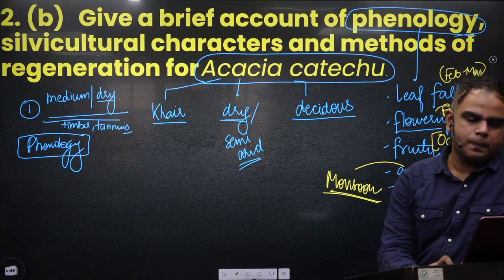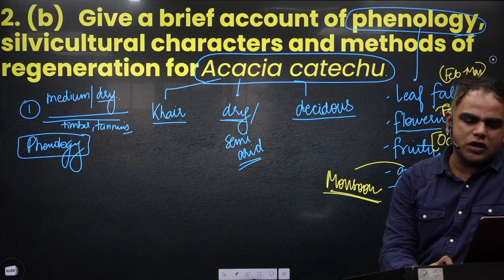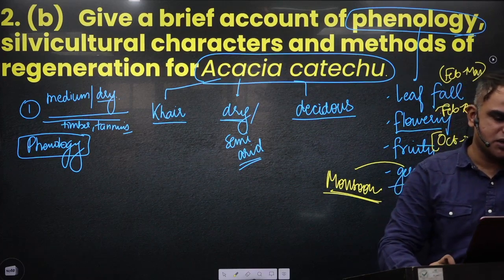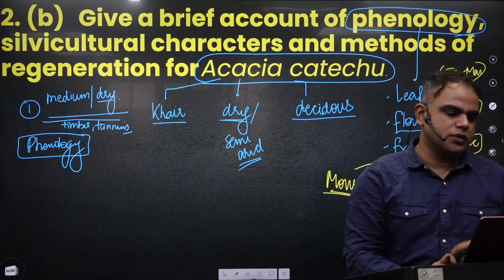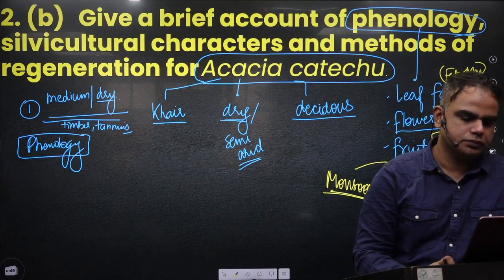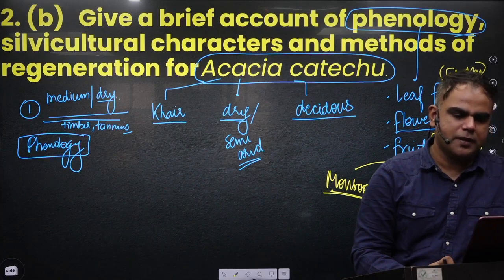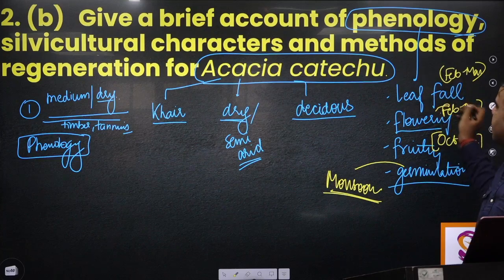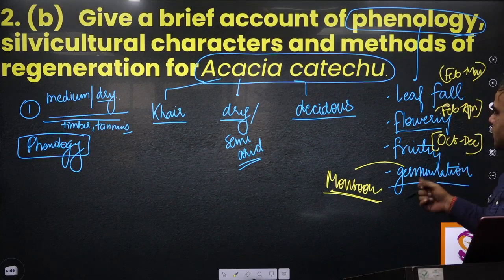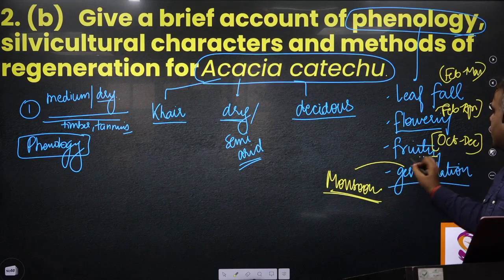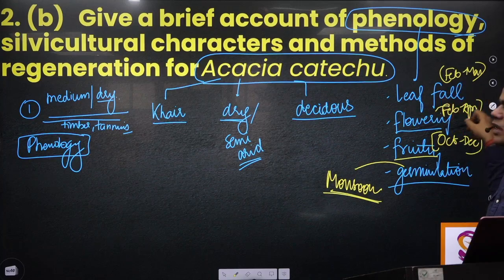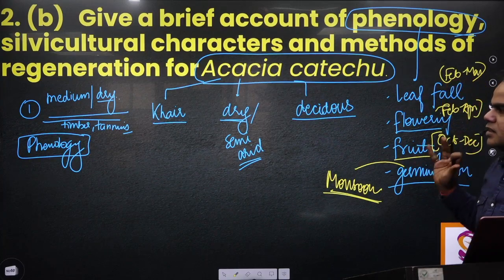So germination starts with the onset of monsoon. That is what you can write here. Okay, so four things we have seen in phenology: leaf fall, flowering, fruiting, germination. Germination with the onset of monsoon, fruiting from October to December, flowering and leaf fall during the drier seasons. Okay, that is the first part.